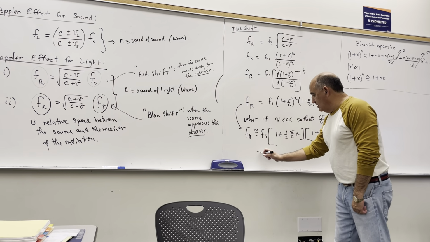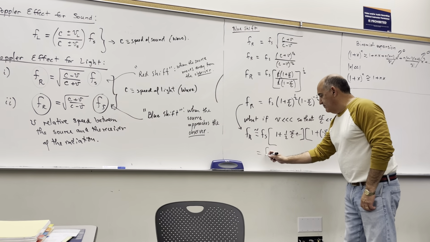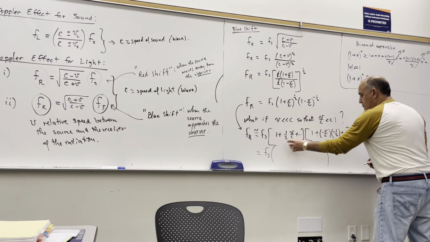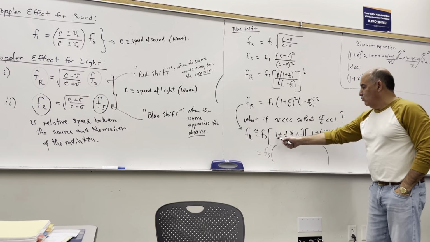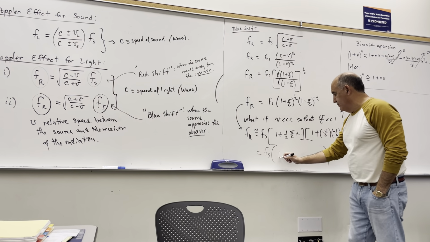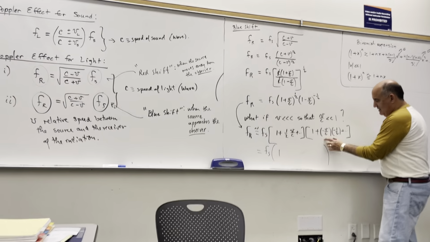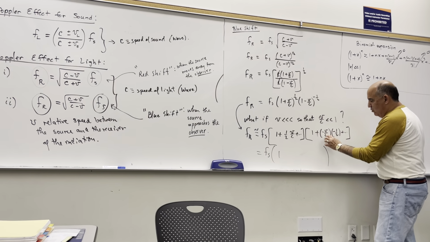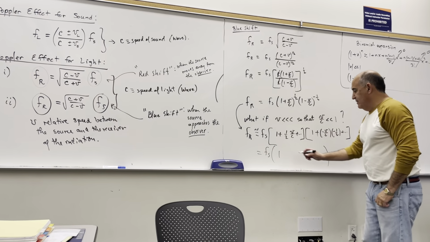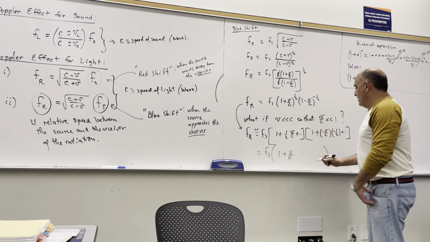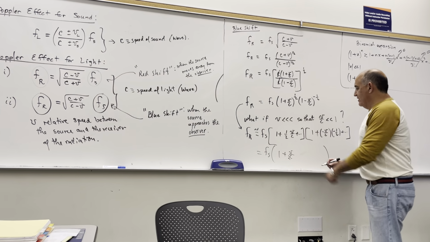And if I multiply through the two brackets here, this would be 1 times 1 is 1, and then 1 times this. Now this minus and this minus cancel, so it'll be 1 times 1/2 of v over c. So it'll be plus v over 2c. And then when I multiply this by this, I'm gonna get another plus v over 2c.